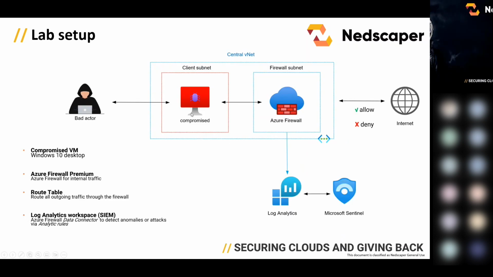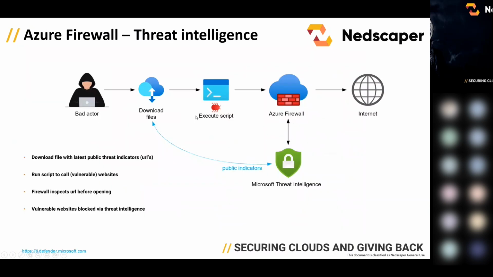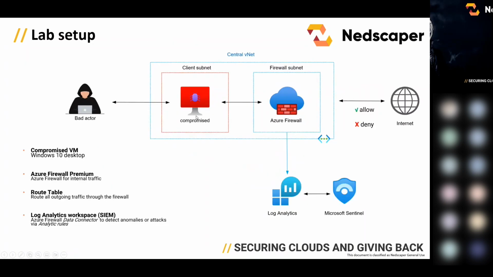A little explanation about the lab setup that we've created. We've created a virtual network that contains a compromised virtual machine which a bad actor has access to. All the data from this virtual machine is being redirected through our routing table to the Azure Firewall, whereas the Azure Firewall is going to check if the data is allowed and log all the allowed and denied data to a Log Analytics workspace.